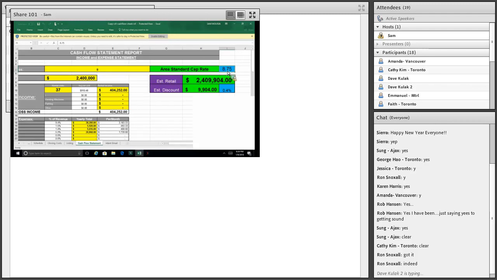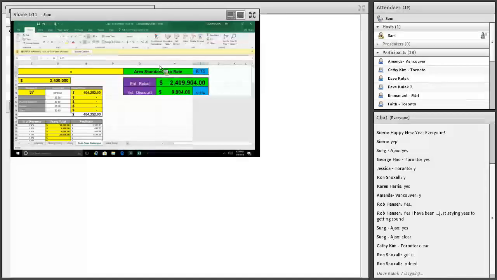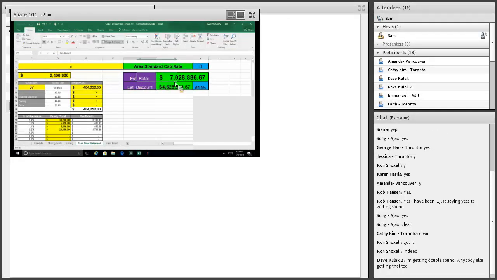You're going to put the number of the area to give you an idea of what would be retail in this particular area that you're looking at. So if the retail cap rate was 3, it'll start to calculate the estimated retail value and estimated discount against that retail value. Now, the reason this is valuable, you're getting double sound.